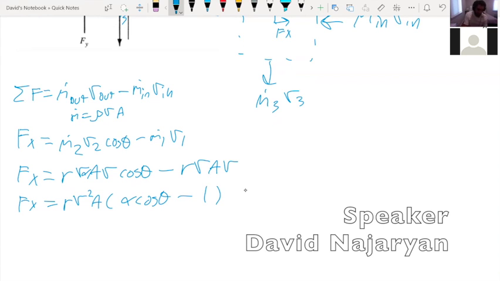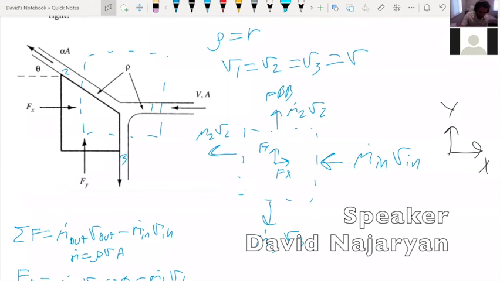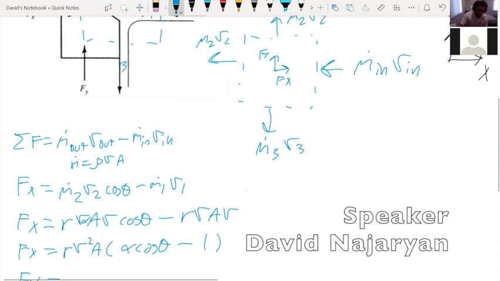For the y component, it's similar, but the difference is we're going to be focusing on the m2 v2 and m3 v3.